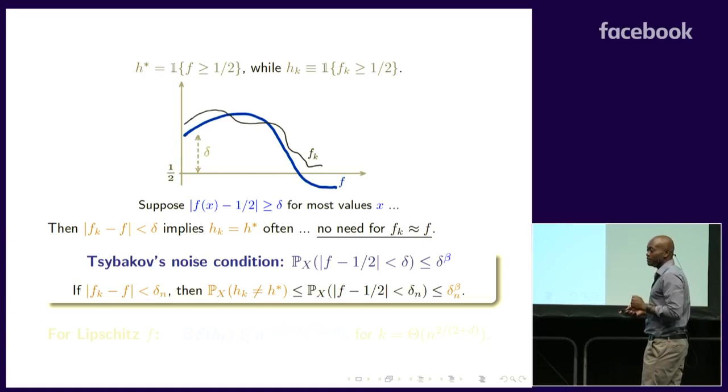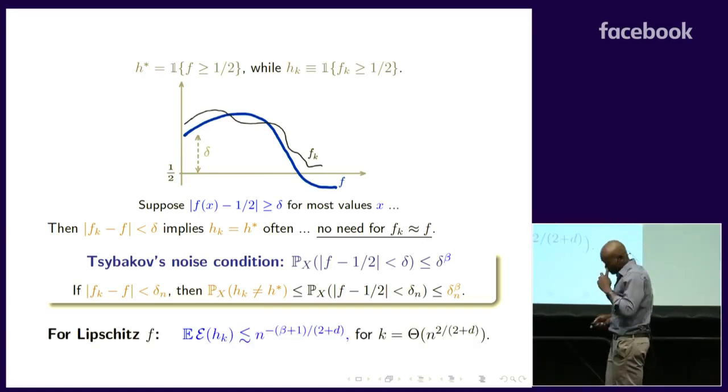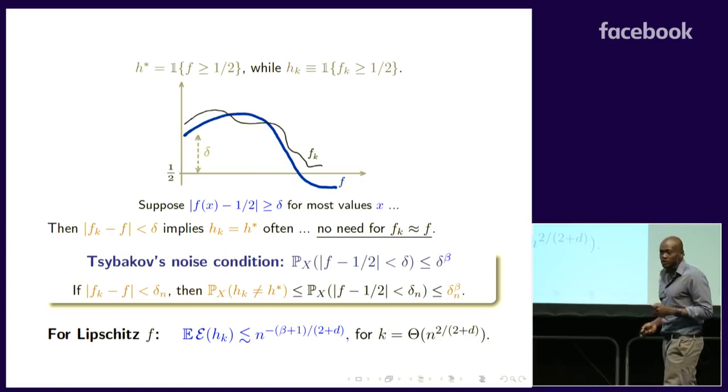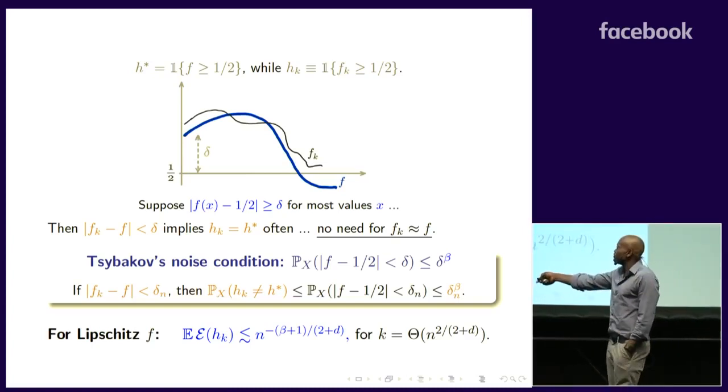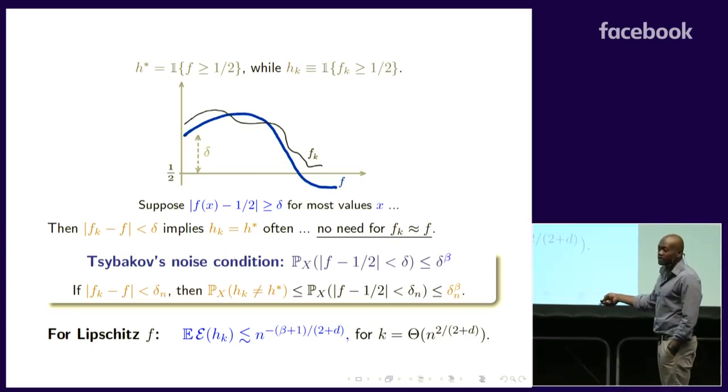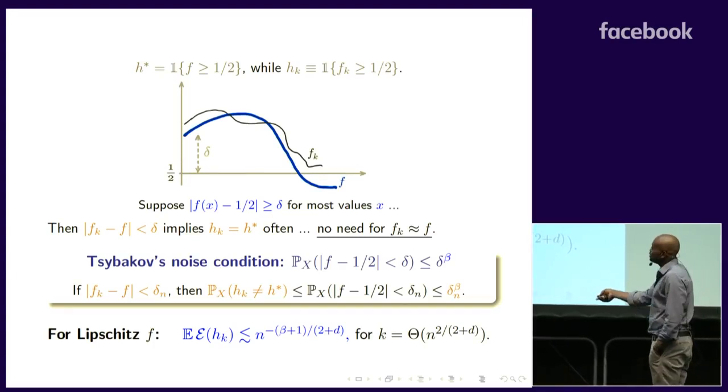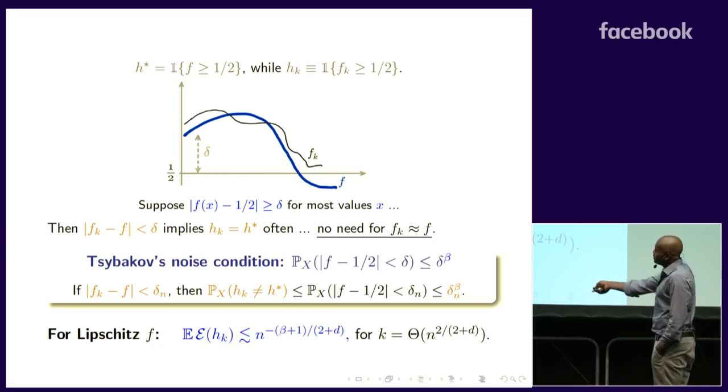It's already much better. So formally, by following arguments of this type, it can be shown, for instance, that for Lipschitz f, the right rate for nearest neighbor classification is of this form: n to the minus (beta plus 1) over (2 plus d). The earlier rate for classification that we obtained was with beta equal to 0. So now look at here. Suppose, for instance, that beta is infinity. What you automatically have is that you quickly have zero error.